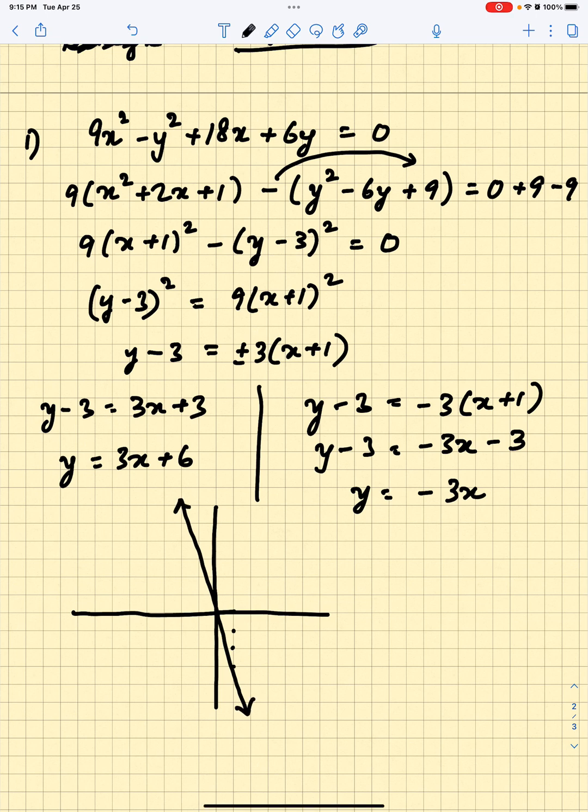And for the other one, the y-intercept is at 6, and when x increases by 1, y increases by 3. And this would be the other line. We can see this equation yields a degenerate conic, which is essentially nothing but two intersecting lines, right?